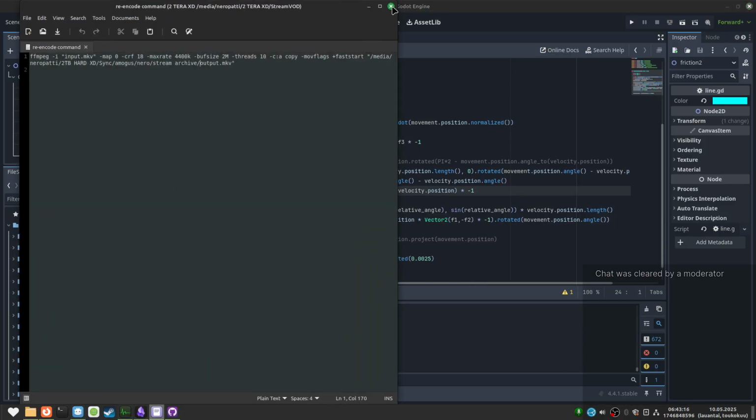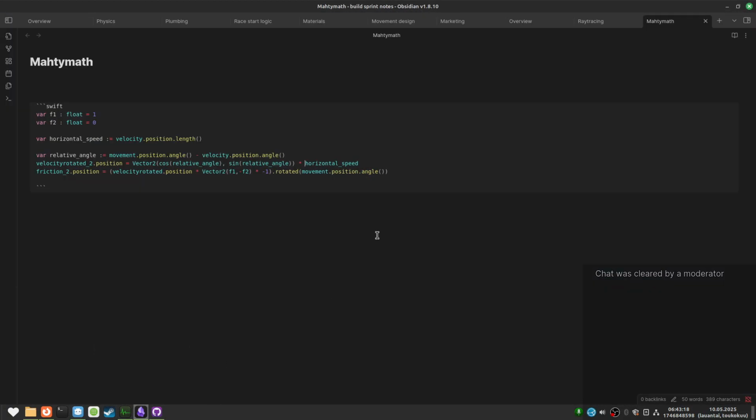I don't need this. Let's go here. Does Swift use this for comments? It does. Okay, so this is pseudocode, but that's fine. I think this is gonna stay the same.